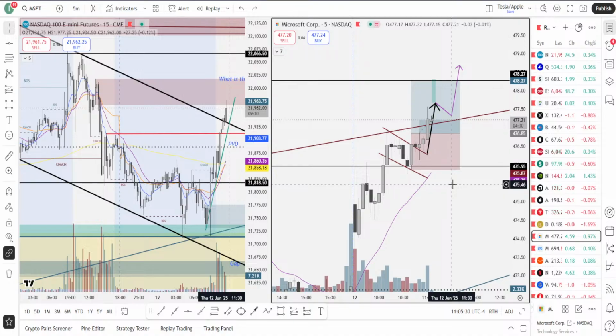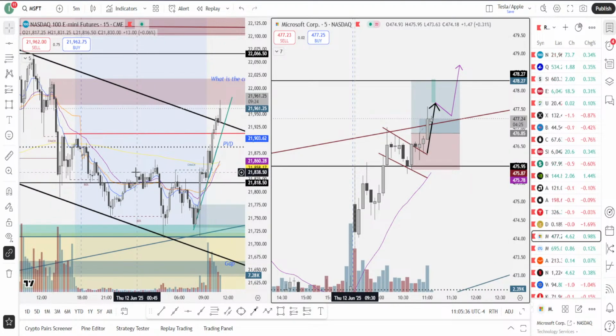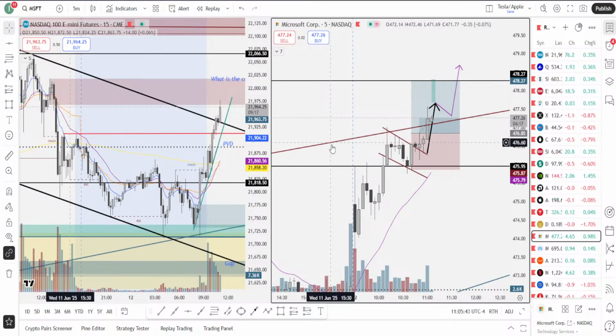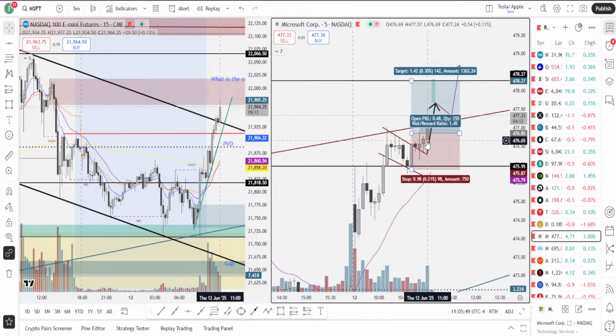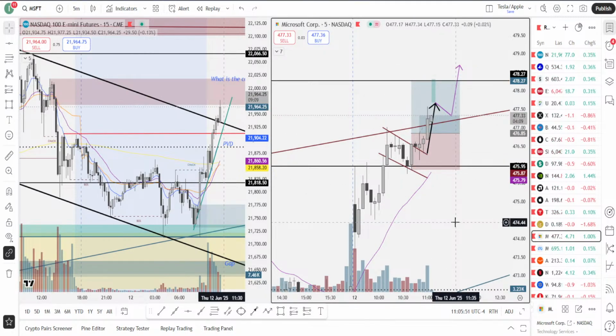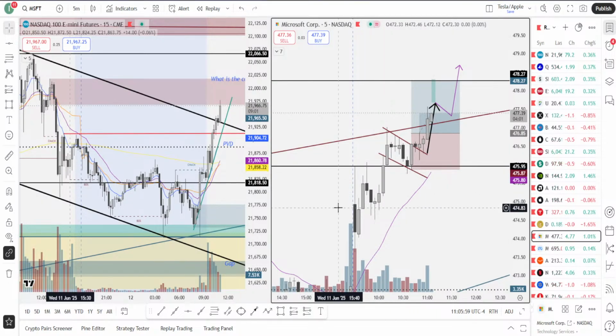It's not quite time yet. Come on, Microsoft. Let's go. Got a strong volume here on this breakout. Beautiful. Perfect setup, y'all. Let's go, guys. Come on.